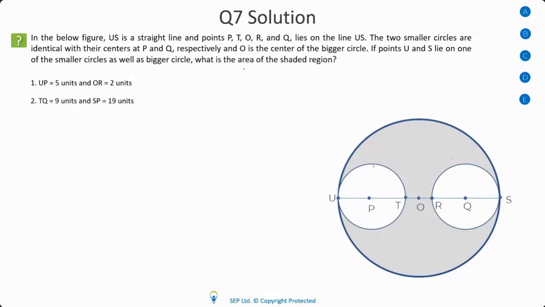To find the area of the shaded region, we need to find the area of the big circle, sorry, not triangle, circle, minus these two circles, which are identical in nature. They have already told us that.